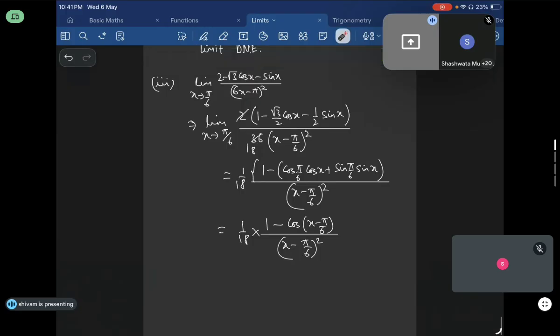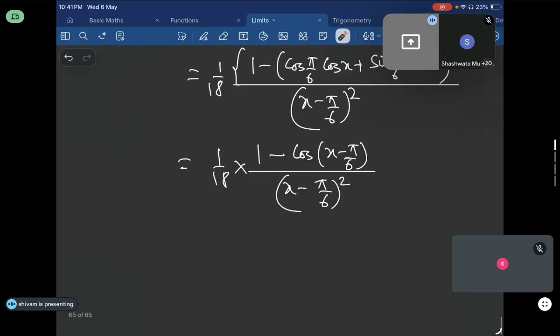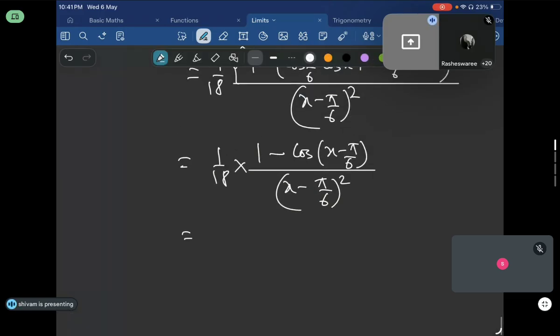When x is pi by 6, x minus pi by 6 will tend to 0. So everyone, see, we have got a standard form 1 minus cos theta upon theta square. What is 1 minus cos theta upon theta square? Tell me, everyone. Half. So this will become 1 by 18 into half. This will give us 1 by 36. Tell me, anyone having any doubt, you can ask me.